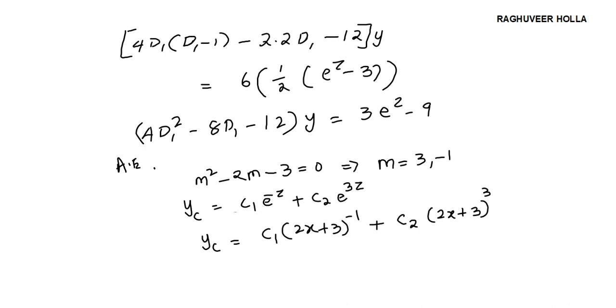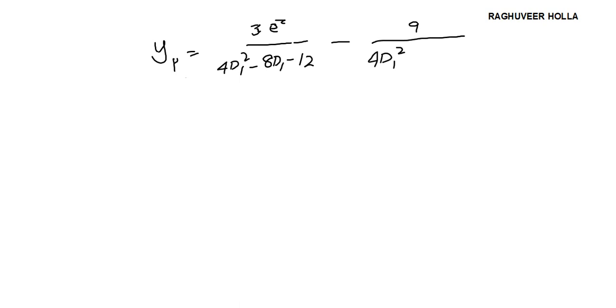Now let us find yp. So yp will be 3 times e to the power of z divided by (4 D1 squared minus 8 D1 minus 12), minus 9 divided by (4 D1 squared minus 8 D1 minus 12).